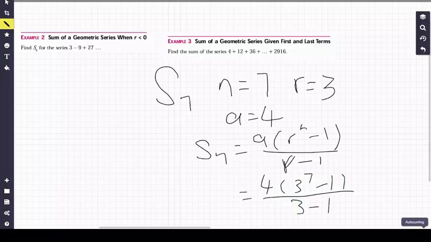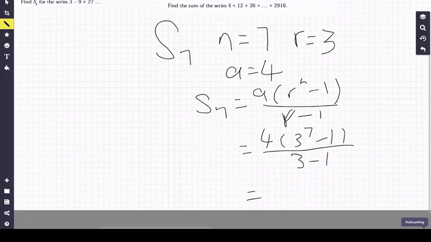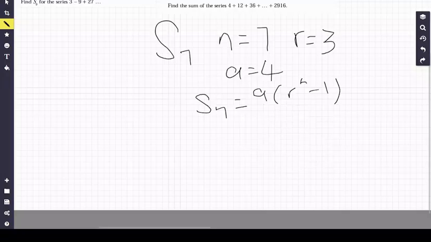Note that whenever you plug in a number here, there's a bracket. It doesn't really matter when you have positives, but it comes in handy when you put the bracket around a negative number, because you could get different answers if you don't put the brackets. The answer is 4,372.